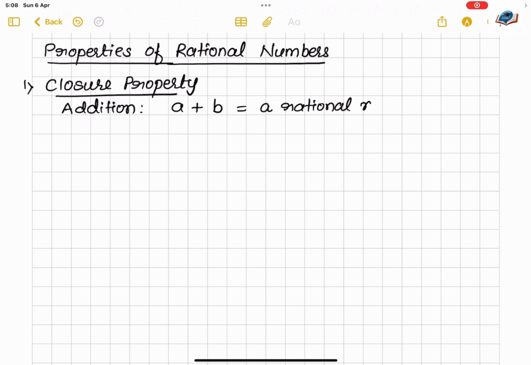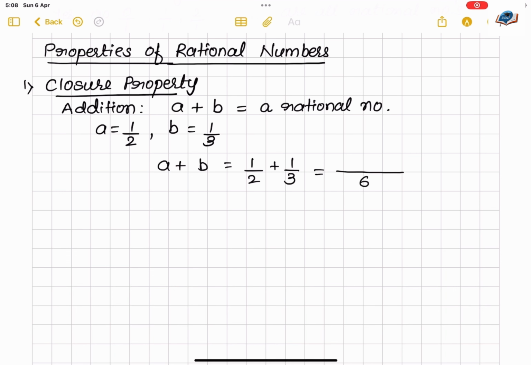Let us discuss that. Let me take A as 1 upon 2 and B as 1 upon 3. If I add A plus B, I will have 1 upon 2 plus 1 upon 3. Here directly I can't add, so I will do LCM. LCM of 2 and 3 will be 6.